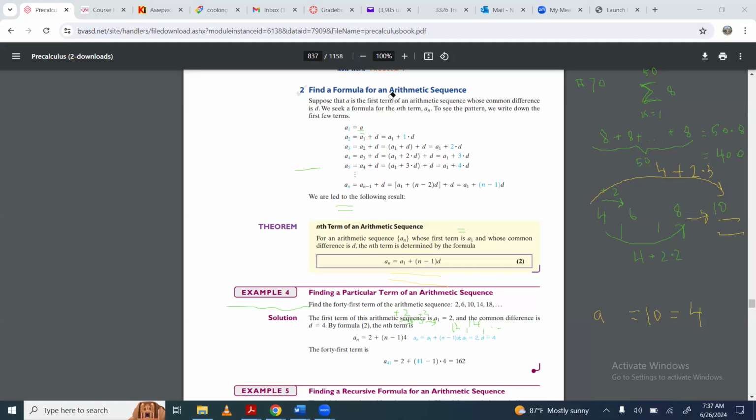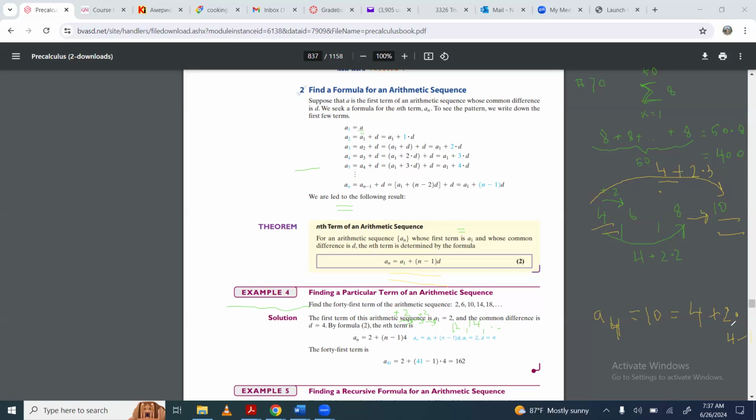So that's term number 4, right? 4, 6, 8, 10. That's index 4. So I start with my first term, 4, and add 2 three times, which is index 4 minus 1.